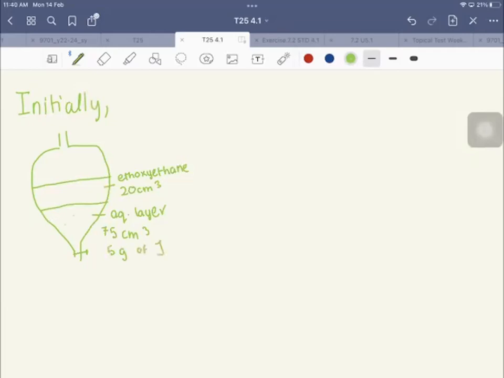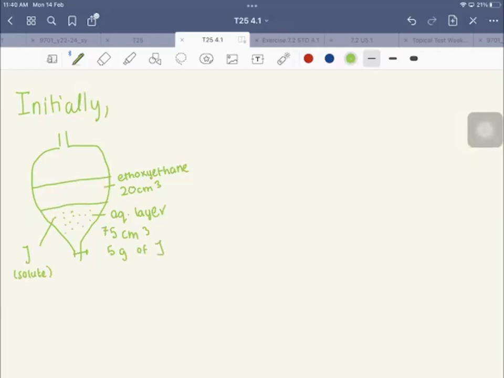So that means initially all my solutes are in the aqueous layer and none in the ethoxyethane layer. Okay, and then after extraction, same thing.